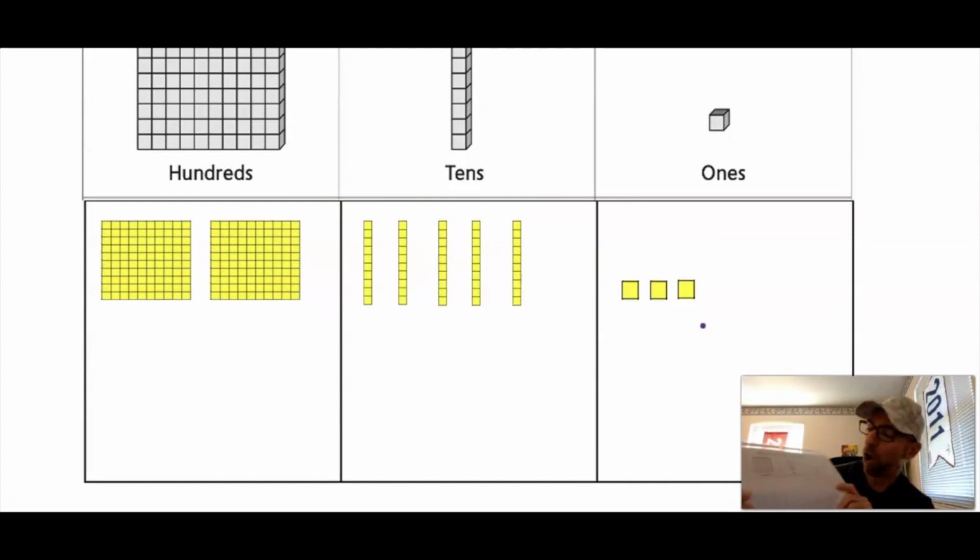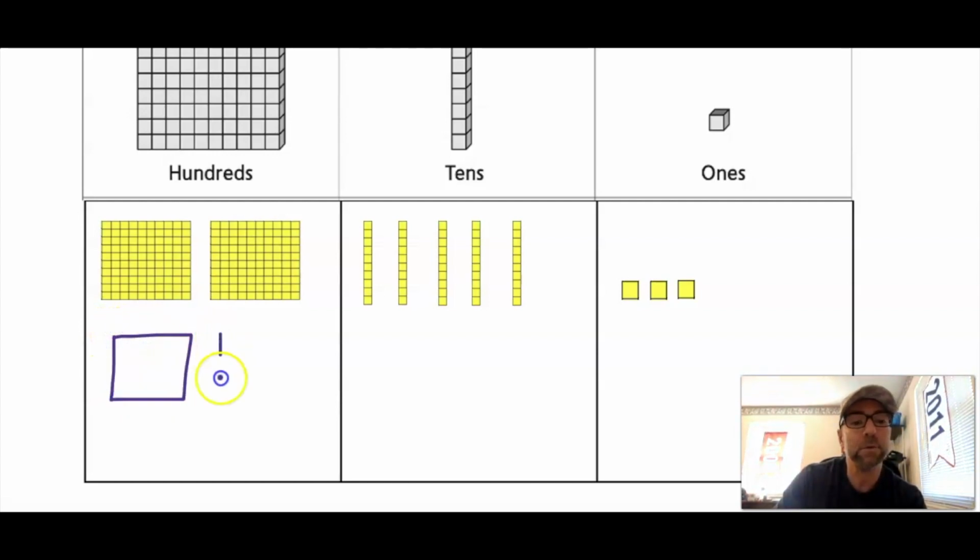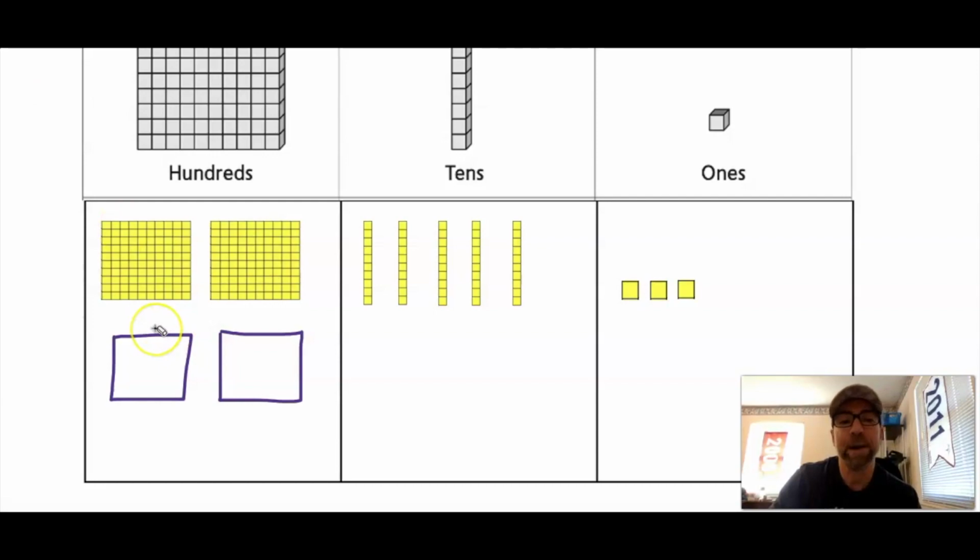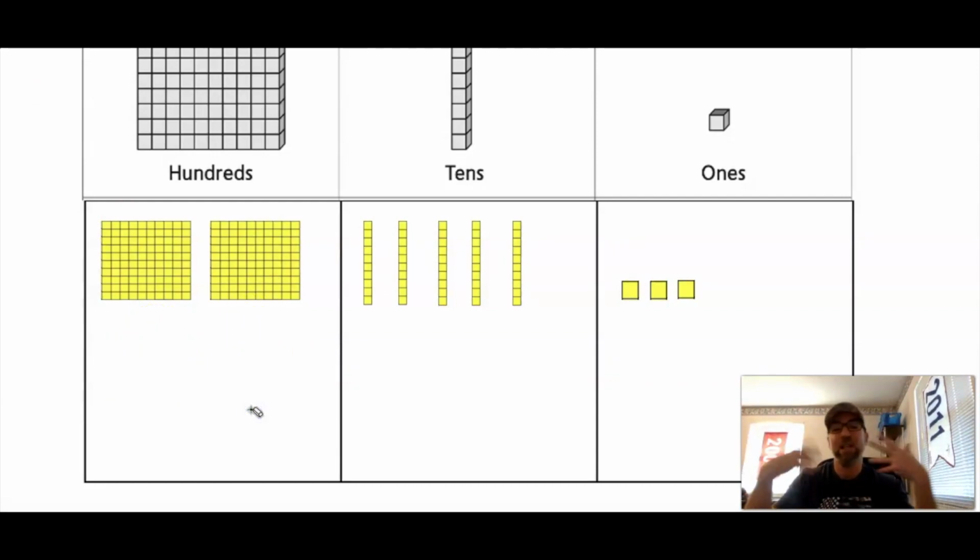You're going to draw 2 squares in your hundreds place. Just draw the 2 squares, and don't put anything on the inside. A simple square will represent a flat. Mr. Enzi has some fancy ones so that you can see them. Mine are yellow, yours are just going to be a square.